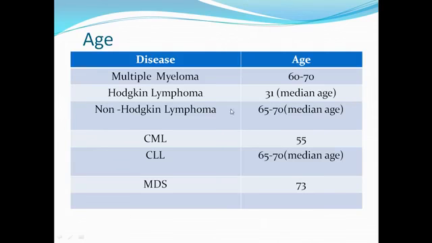In non-Hodgkin lymphoma, median age is 65 to 70. In CML, chronic myelocytic leukemia, median age is 55. Chronic lymphocytic leukemia, median age is 65 to 70. Myelodysplastic syndrome, 73. So age is very important. To diagnose a disease, we have to look at age because age can guide us to diagnose a patient very easily.